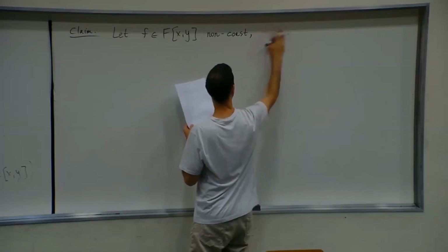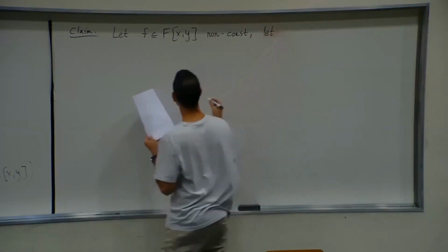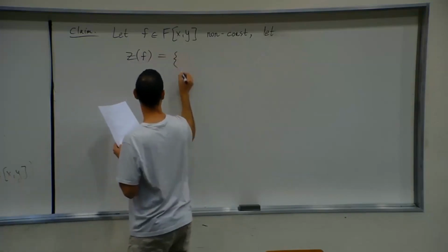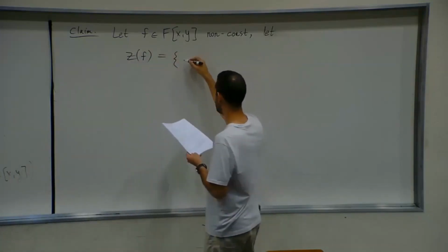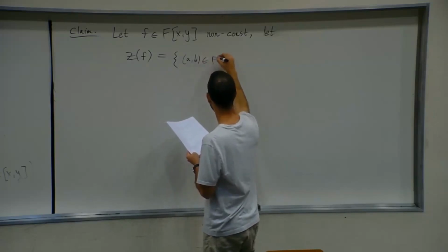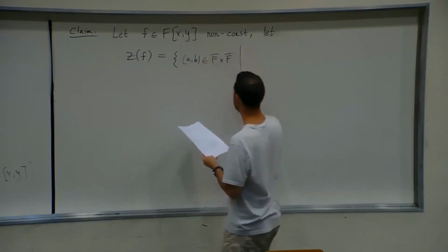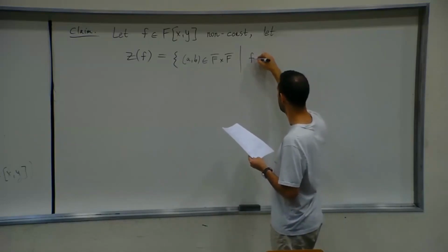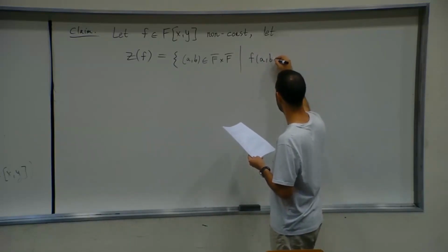Then the curve that it defines is simply all the points (a, b) in F bar times F bar such that f(a, b) equals zero.